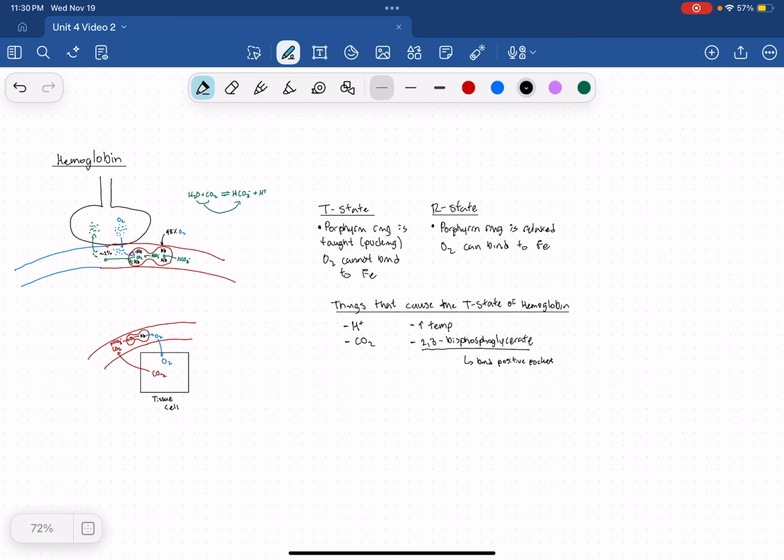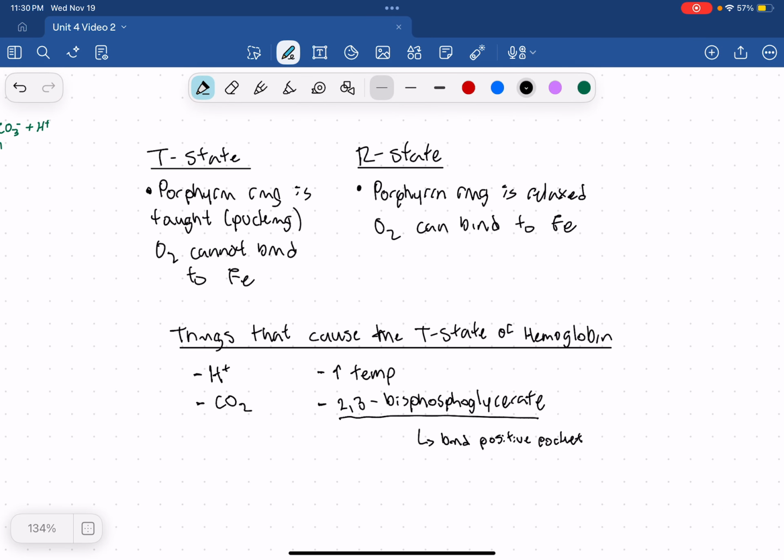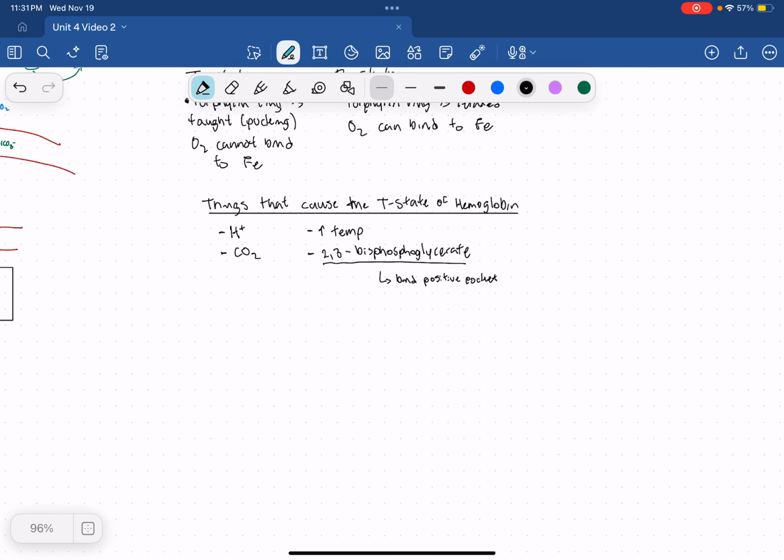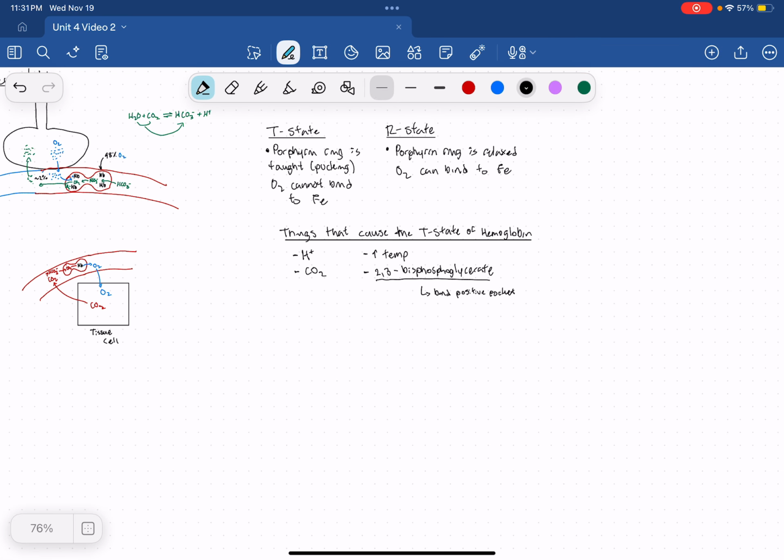The very last thing that I want to talk about tonight is the hemoglobin dissociation curve. We talked about the R state and T state and things that cause a T state of hemoglobin. Remember that in the R state, that's when oxygen binds. In the T state, oxygen cannot bind.